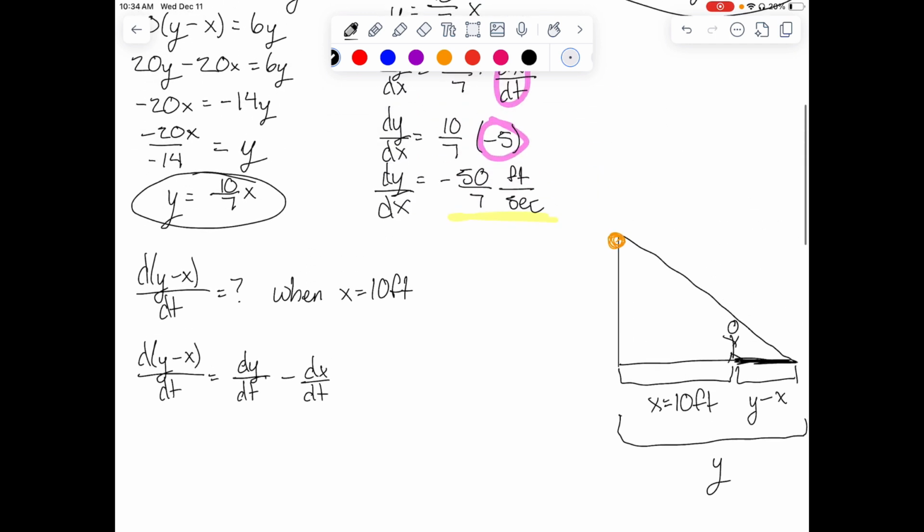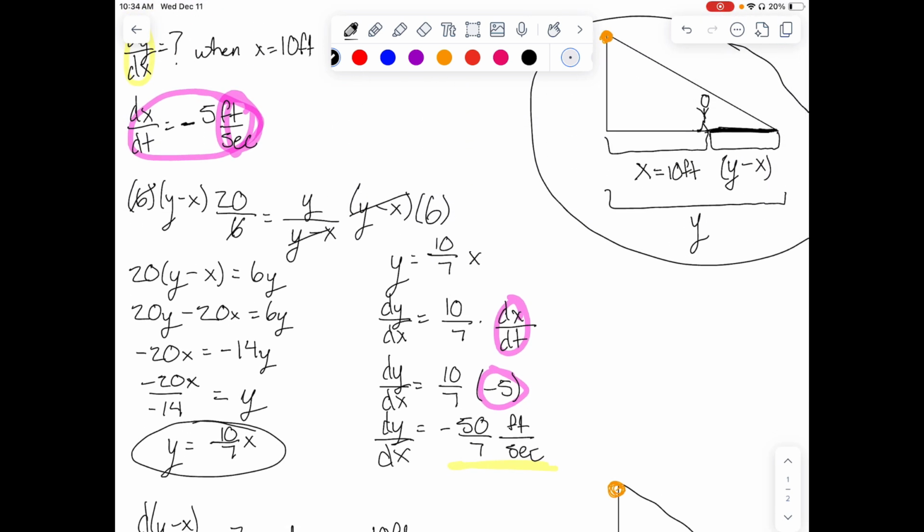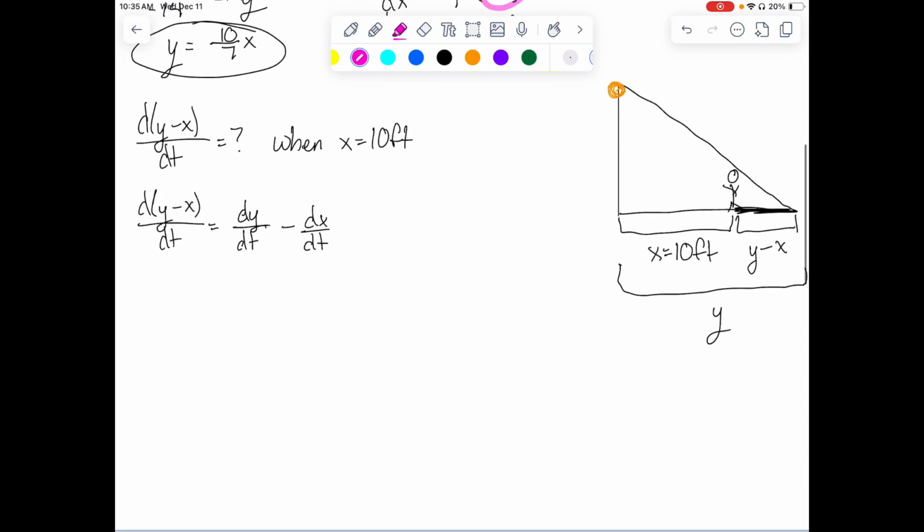So from previously, we know that dx/dt is -5 feet per second. So I'll just rewrite that down here. So dx/dt equals -5 feet per second. And we know that because it is a given, that is the speed at which the man is walking towards the base of the light pole, or yeah, the light.